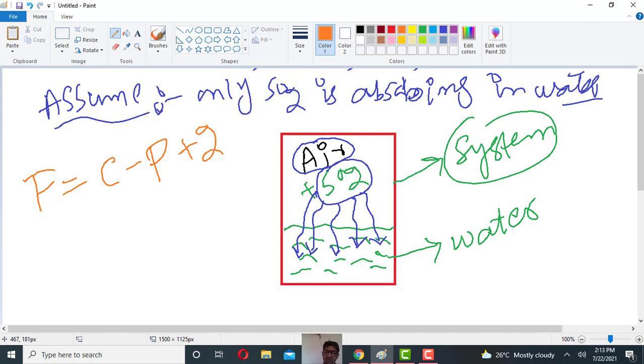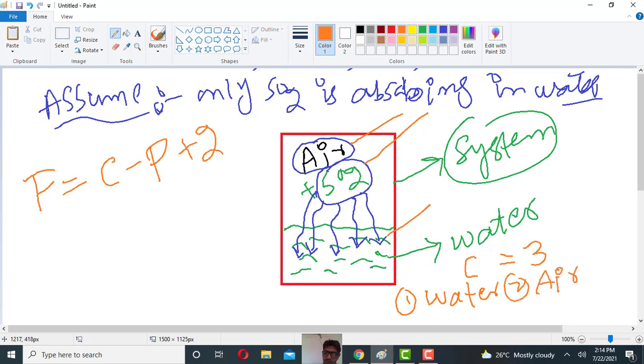One component is water, second is air, and the third is sulfur dioxide. We assume that air is one component, but in reality air consists of nitrogen, oxygen, and carbon dioxide, but we assume that air is only one component.